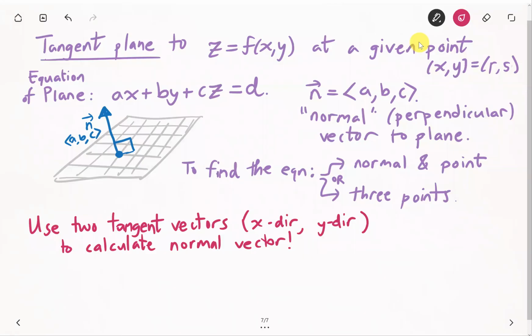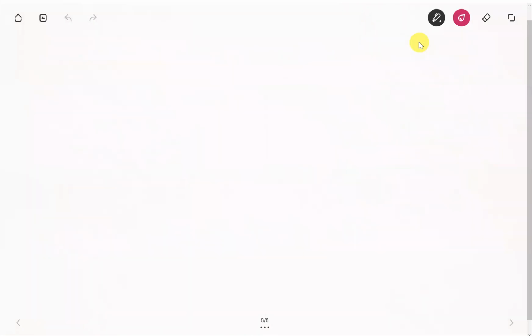So first, I will again attempt to draw a picture of what we're about to do. Let me go ahead and change colors. Here's the idea. Again, I'm going to draw a 3-dimensional set of axes. Let's think of this as the x, y, and z axes. Let's say we have some kind of a 3-dimensional graph, so I'll draw it like so.